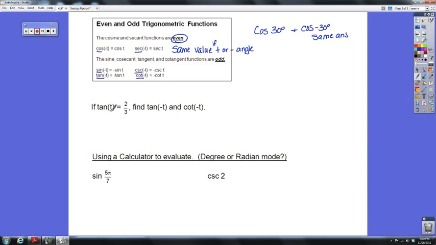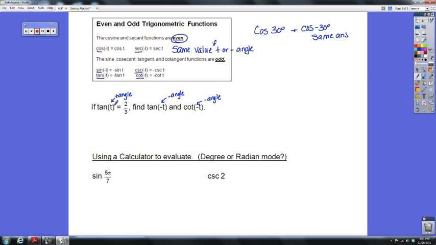If tangent of t, and that just means this is a positive angle, is 2/3, find tangent of negative t. All right, that means it's a negative angle. And cotangent of negative t, negative angle.